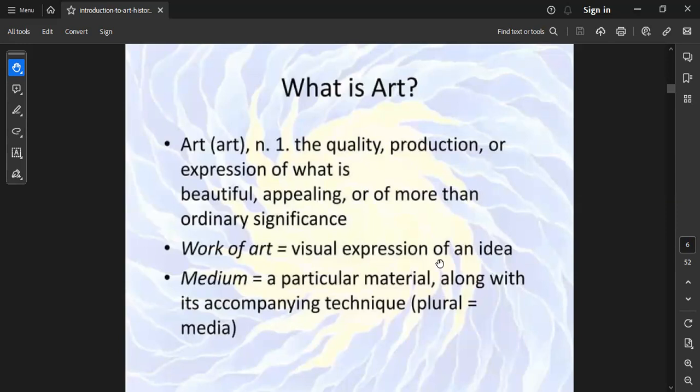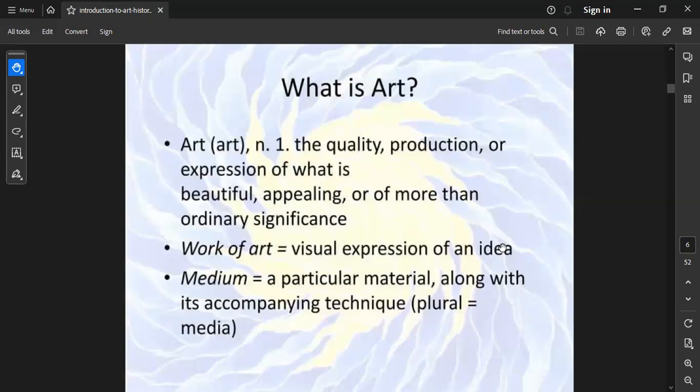But when we come to the work of art, it specifically talks about the visual expression of an idea, which is the area that we are concerned about as designers. In fine art it is quite vast, but when we talk about design, there are a lot of applications of art in design. Art as a tool helps you harness your creativity every single day as a designer.